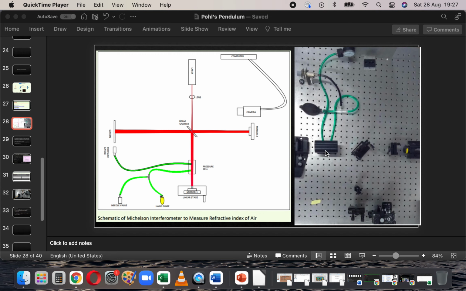This instrument is identical to how an old, non-digital blood pressure apparatus works. If you pump in air, the pressure inside increases. Then the refractive index of air changes because of the higher pressure, and you can measure the pressure here.